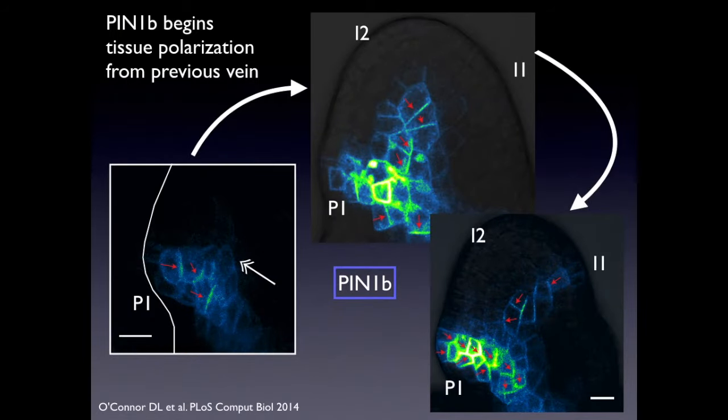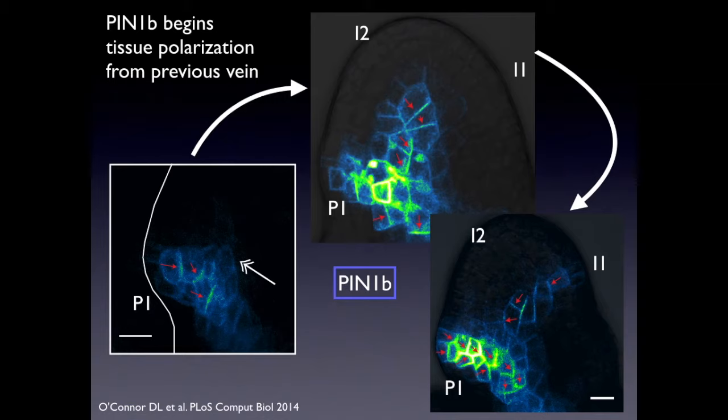Pin 1B, on the other hand, is really the thing that connects the new organ to the existing vasculature. So here's a midvein coming down. Here's that midvein. Pin 1B sort of polarizes the adjacent tissue where sister is doing its little dance over here, and then eventually connects that incipient organ to the rest of the vasculature.